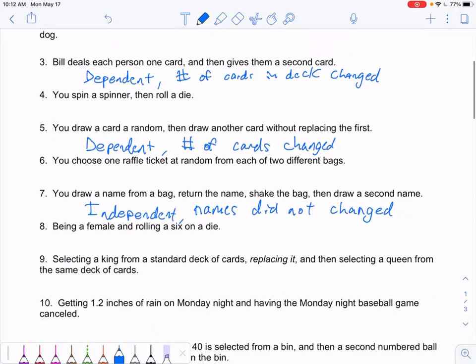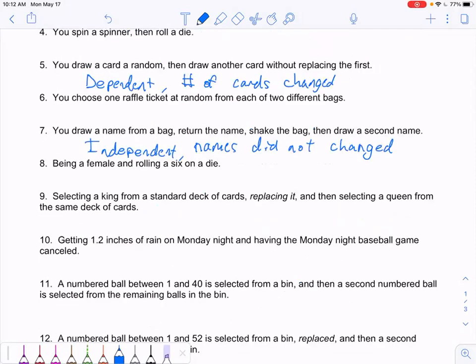Number 9, selecting a king from a standard deck of cards, replacing it. It's even italicized and highlighted now, and then selecting the queen from the same deck. Emma, dependent or independent? Good, independent.